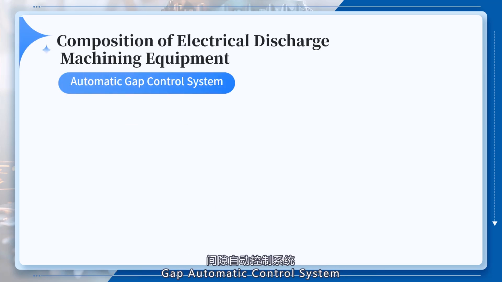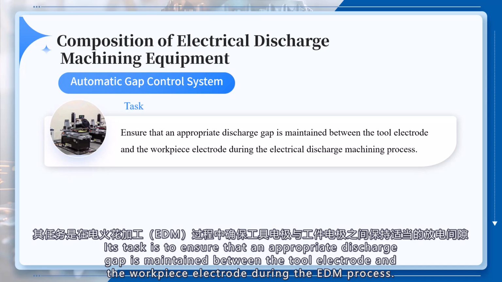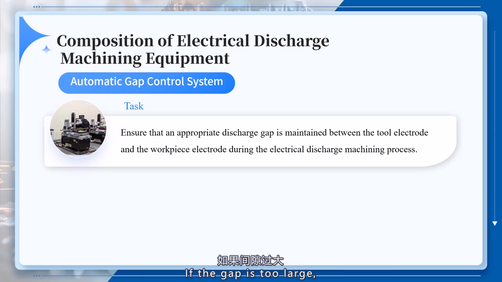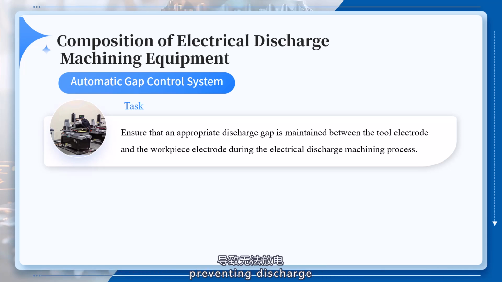Gap automatic control system. Its task is to ensure that an appropriate discharge gap is maintained between the tool electrode and the workpiece electrode during the EDM process. If the gap is too large, the voltage between the electrodes cannot break down the working fluid, preventing discharge.